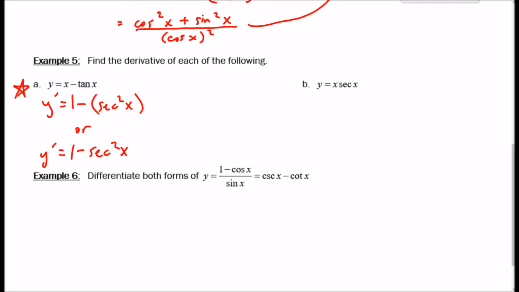All right, now let's look at example 5, letter B, where we have y equals x secant x. Well, x is a linear function, secant x is a trigonometric function, so we have to use the product rule in order to find the derivative of y. So y prime is first times the derivative of the second plus the second times the derivative of the first.